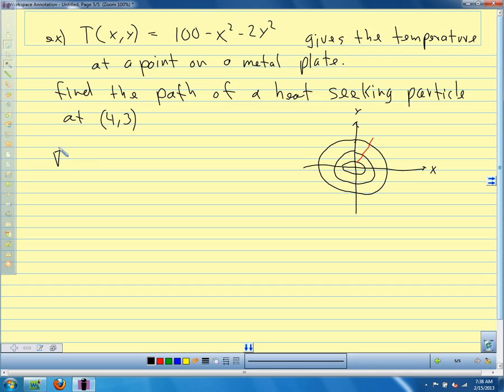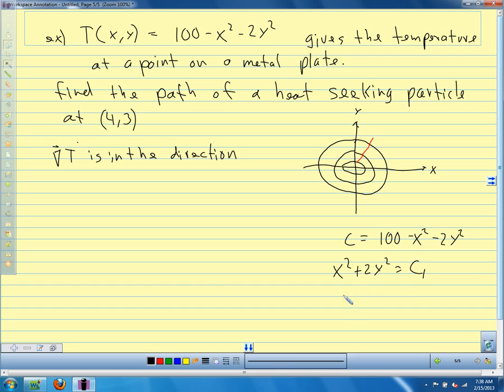So del T. If I say we have some constant equals 100 minus x squared minus 2y squared, and I move the x's and y's to one side, I have x squared plus 2y squared equals some other constant, C1.